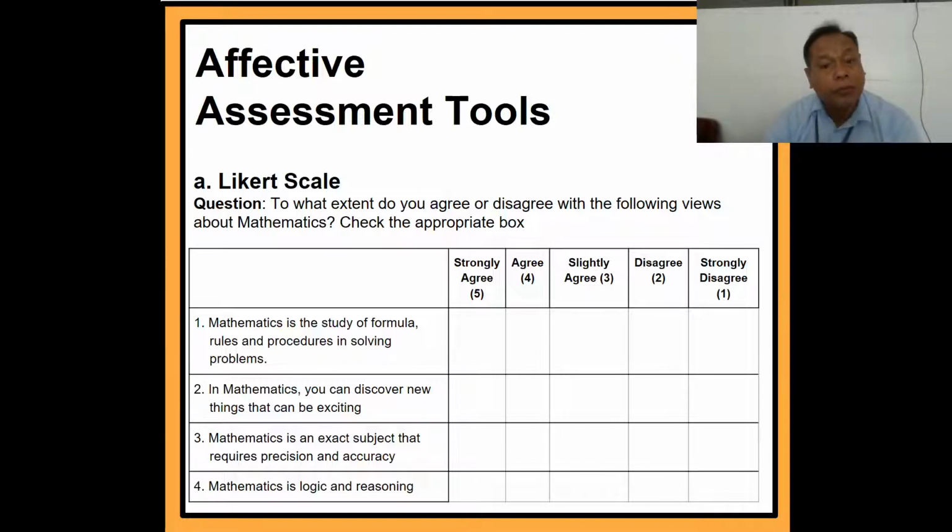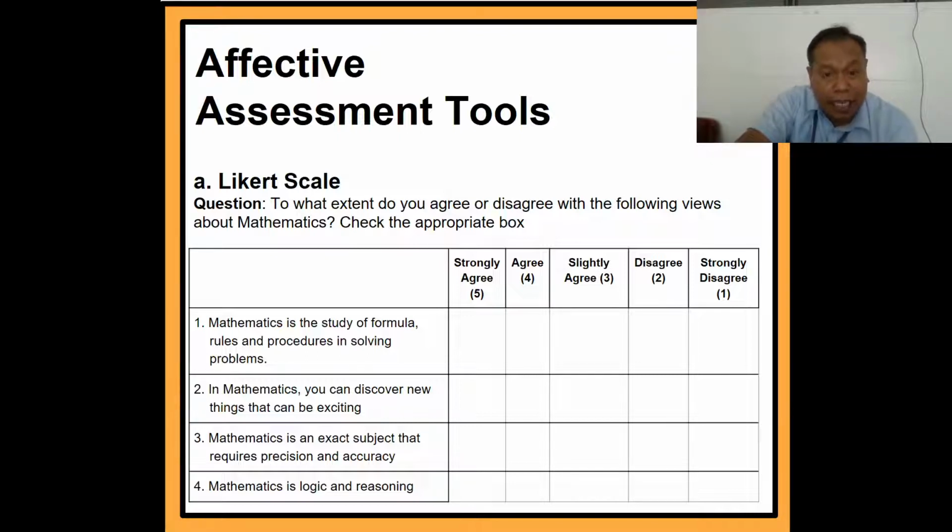So the respondent will choose only one option. If he or she strongly agrees with the statement, he will say 5. If agree, 4; slightly agree, 3; disagree, 2; and strongly disagree is 1. And that will be true for the other statements.